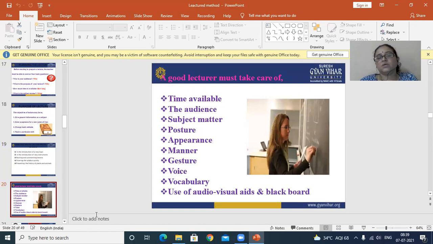A good lecture must take care of all these points.